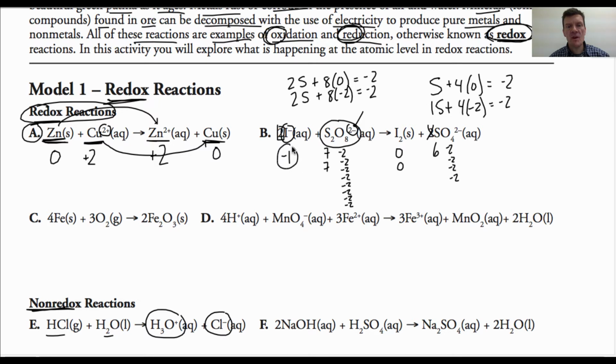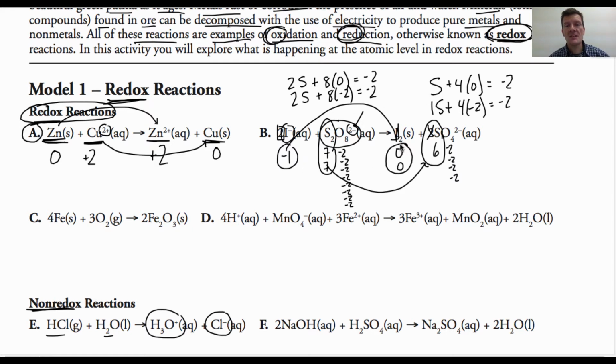Iodine goes from -1 and it goes to 0. Its oxidation number actually goes up, -1 up to 0. Sulfur, its oxidation number goes from 7 down to 6. Its oxidation number is reduced. Reduction, reduced, okay?